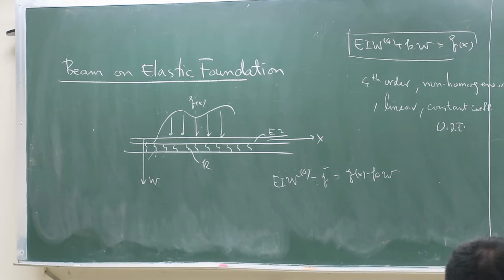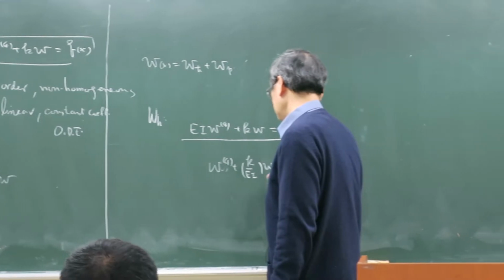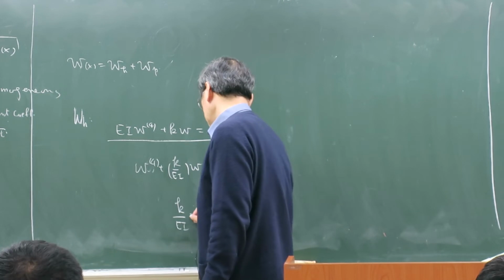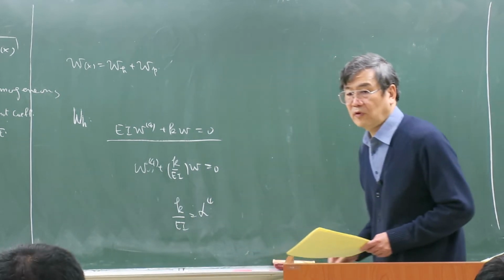And the homogeneous solution will solve EI W fourth derivative plus KW equal to 0, right? Plus K over EI W equal to 0, and we define K over EI equal to alpha to the order of 4.